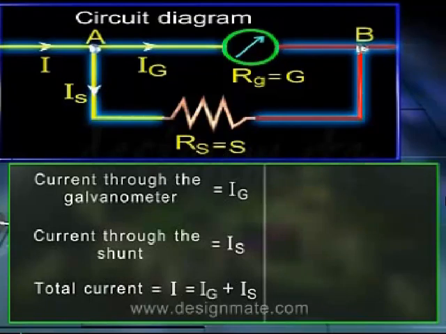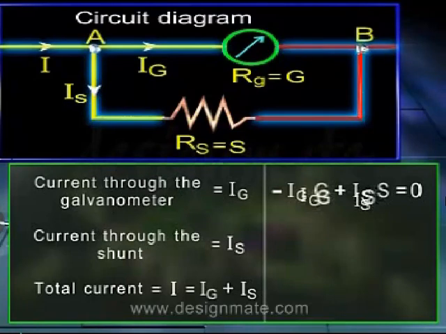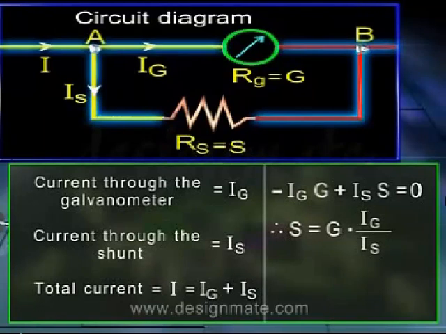From Kirchhoff's second rule, minus Ig into G plus Is into S is equal to 0. Therefore, S is equal to G into Ig upon Is. But Is is equal to I minus Ig. Therefore, S is equal to G into Ig upon I minus Ig.